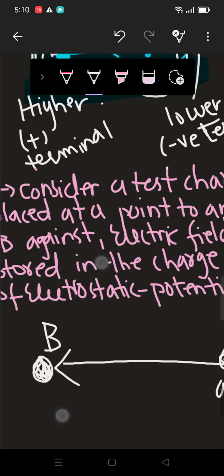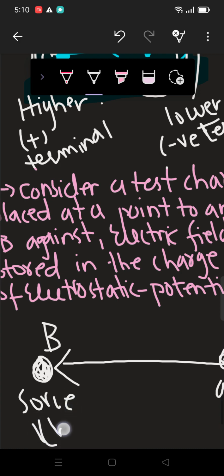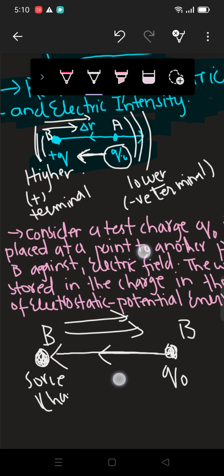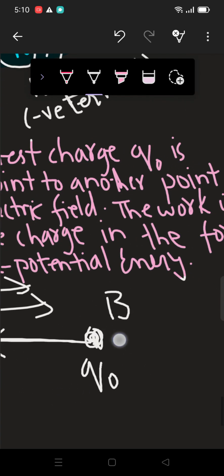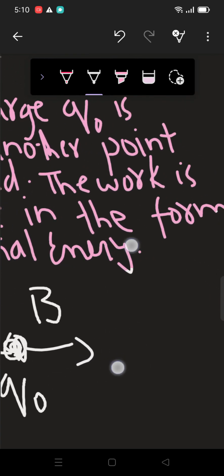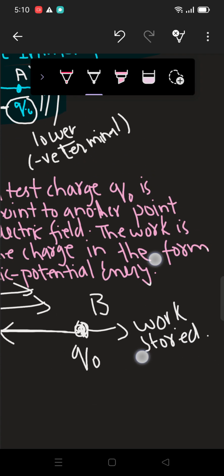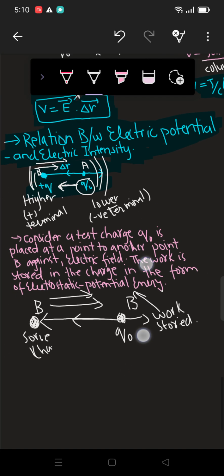We know that the source charge produces the electric field in this direction, but this charge is moving against the electric field, so the work is stored in this charge, and this is what we call the electrostatic potential energy.